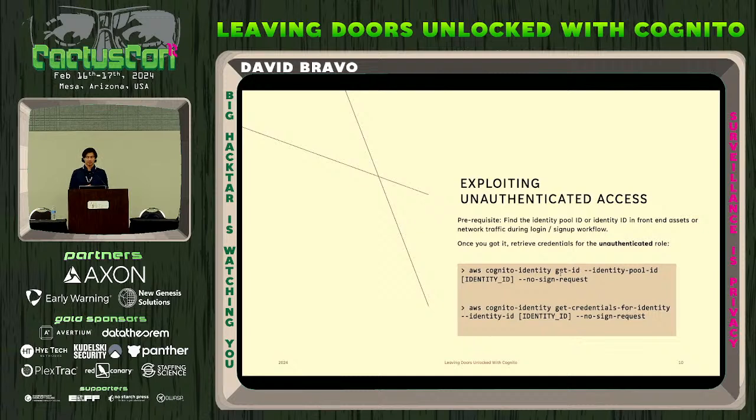Once you find it, if unauthenticated access is enabled, you can use that value to retrieve AWS credentials for the unauthenticated role, and then depending on what policies are associated with that role, you can do things in the AWS account. Hopefully you have some overly permissive policies assigned and you can demonstrate some impact. Or if you're an engineer, hopefully you don't have overly permissive policies assigned there.